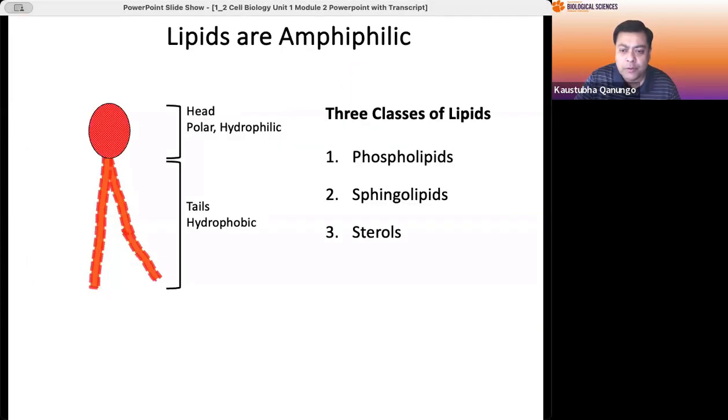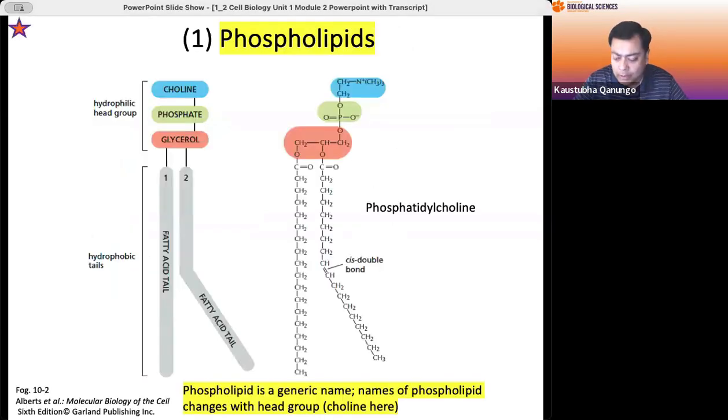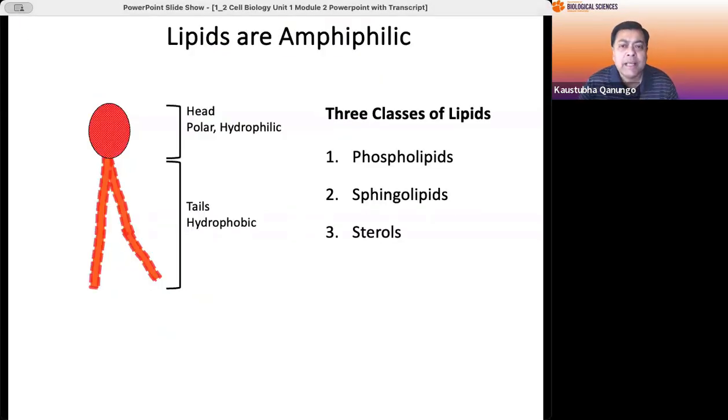So let's go into a little bit of detail about that. Depending upon how important the material is, I will spend more or less time on it. So here, just know that the lipid is what we call amphiphilic. Similar to amphiphilic, you also see a word which is amphipathic, and both of them can be used interchangeably.